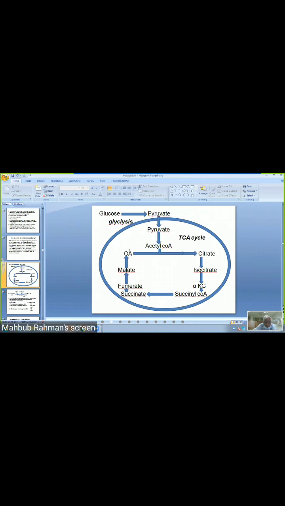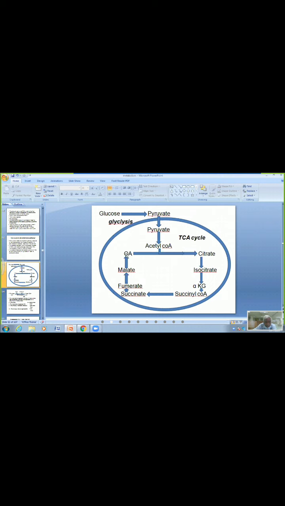Oxaloacetate can also be produced from carboxylation of pyruvate. Pyruvate is a three-carbon compound and oxaloacetate is a four-carbon compound. When one molecule of carbon is added to pyruvate, oxaloacetate is formed. That will be considered in gluconeogenesis.